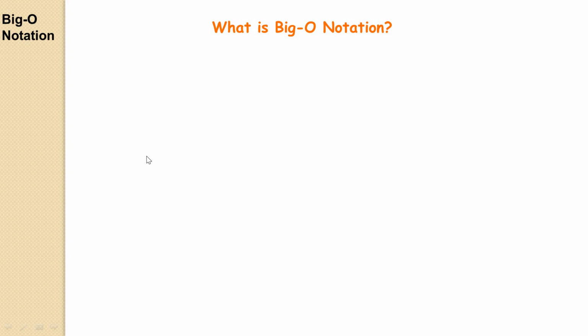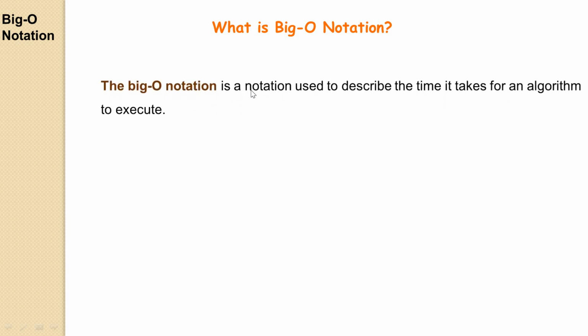Okay, so what is the big O notation? Before we actually go into anything technical, I would like to let you have some theoretical or background knowledge of this big O notation. One, it is a notation used to describe the time it takes for an algorithm to execute. The reason is because computers run based on algorithms or programs.